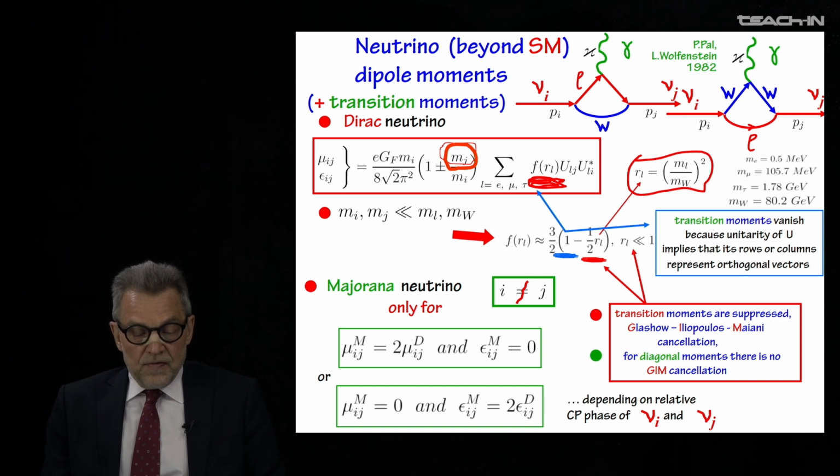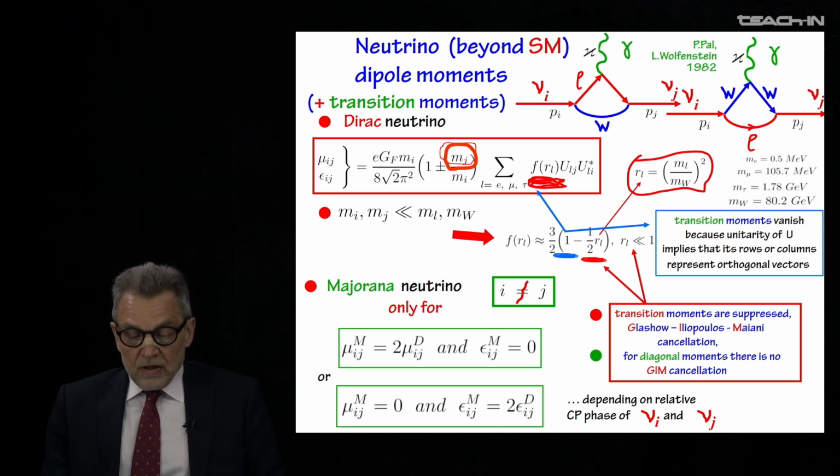We discussed this formula. G_F is the Fermi coupling constant, m_i is the mass of the neutrino, and here is the sum where f is a function that depends on the ratio of the charged lepton mass to the W boson mass squared, and U is the neutrino mixing matrix. So this is the explicit result of the calculation of this diagram. If we consider i equal to j, that will be just the normal diagonal magnetic moments in the neutrino mass basis. If we consider i not equal to j, then we get the transition, or non-diagonal in the mass basis, magnetic moments.